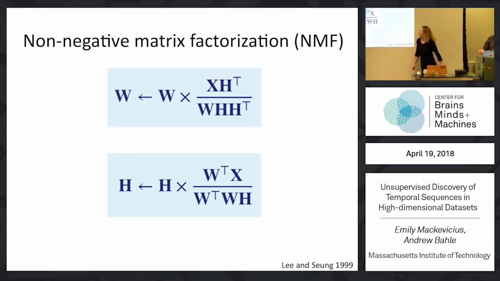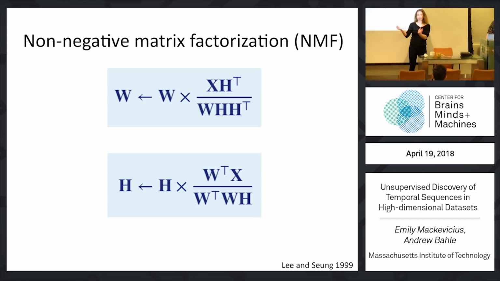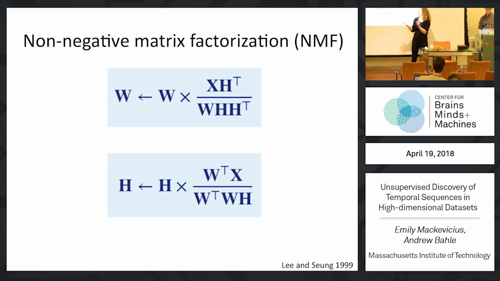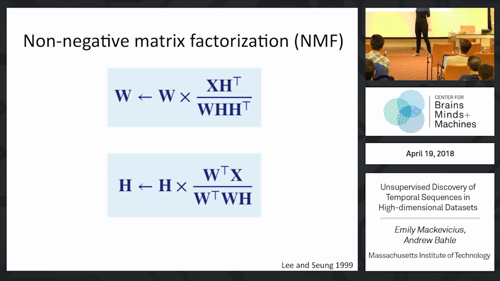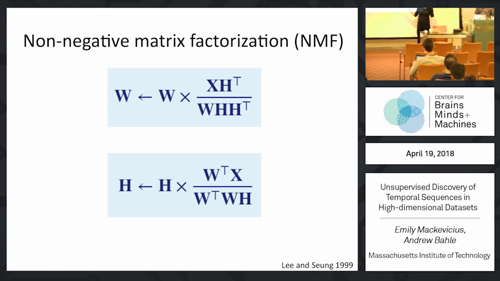You can do this by starting off with a random set of patterns and time courses, and then iteratively either fixing the time courses, these H's, and updating your W's, and then fixing your W's and updating your H's. And this is a really elegant and simple algorithm.